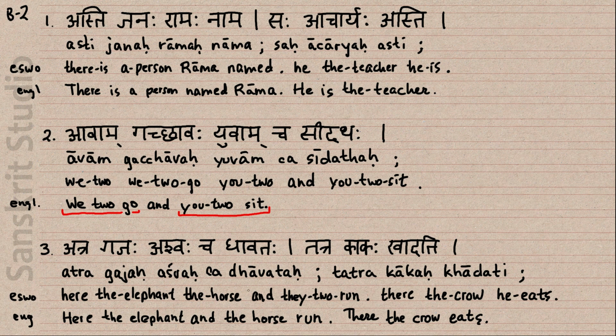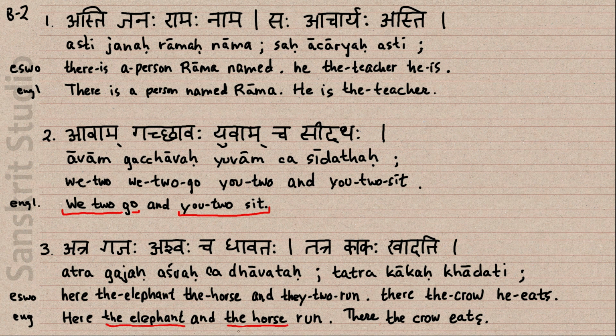Alright, so here the elephant and the horse run. And another observation in this sentence is that this is not a clause type of and. What we are adding together here are simply 2 nouns.